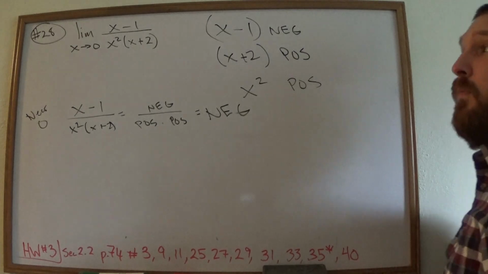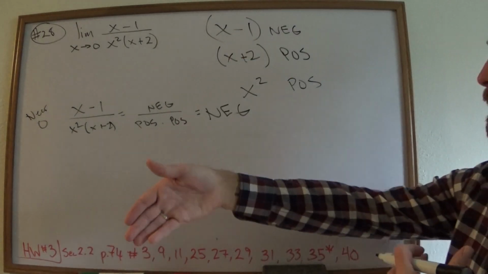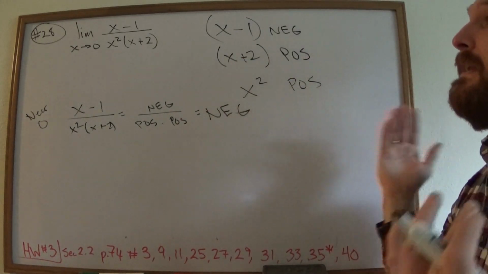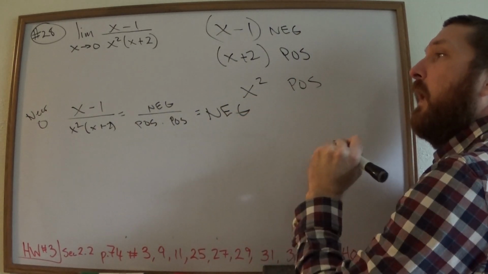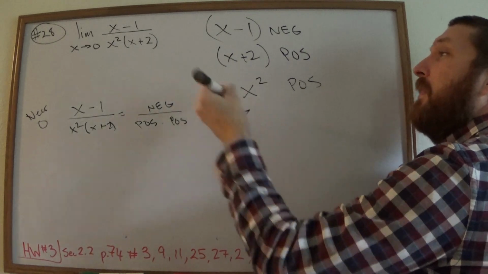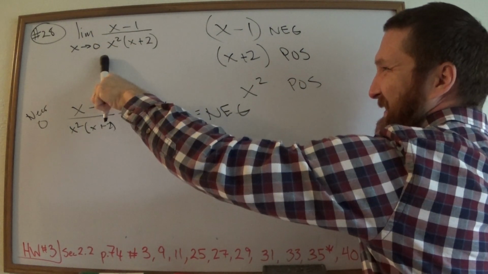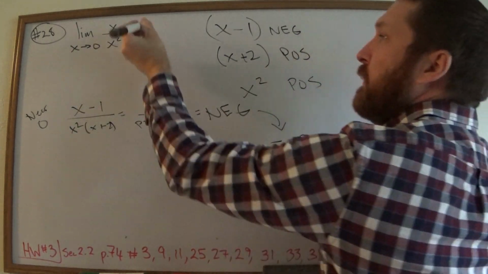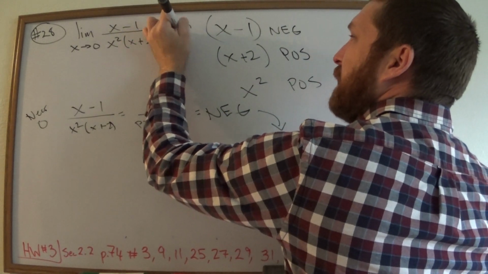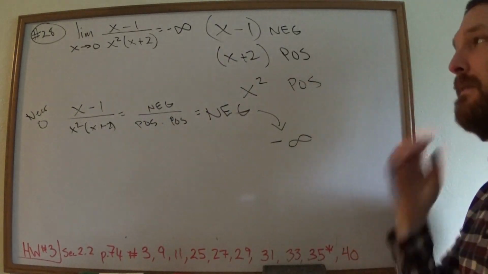And it didn't matter whether we were coming from the right or the left. That's nice, so we didn't have to go through and do that. So, what does this mean? As x goes to 0, the entire thing goes to negative infinity. It blows down. It decreases without bound. And that is the answer.